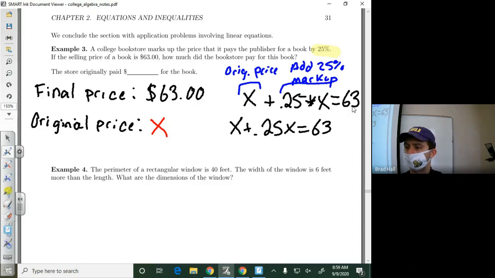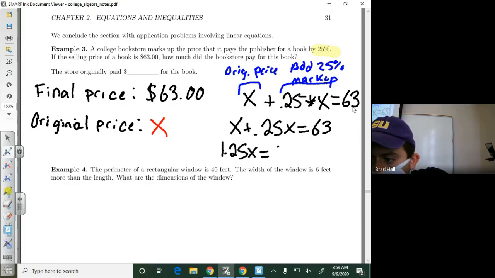x plus 0.25x, those are like terms. That is now 1.25x, because that's 1 plus 0.25.